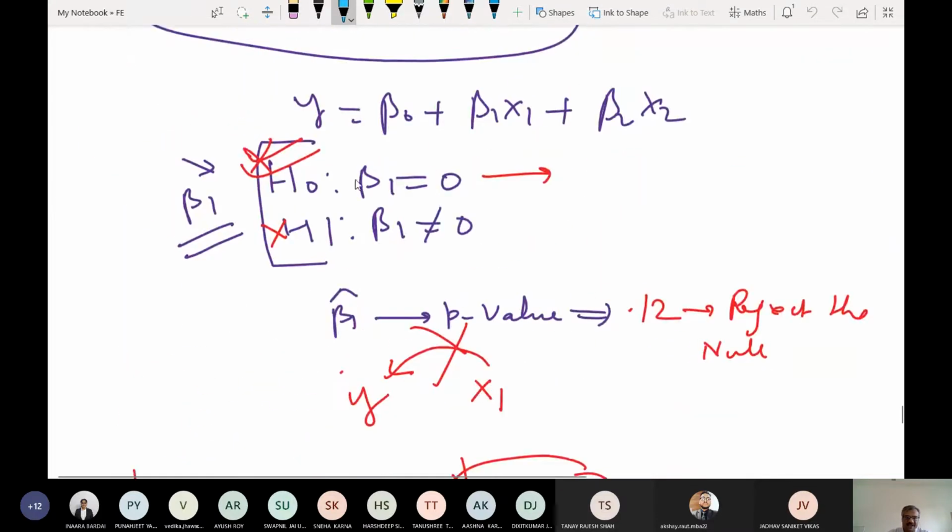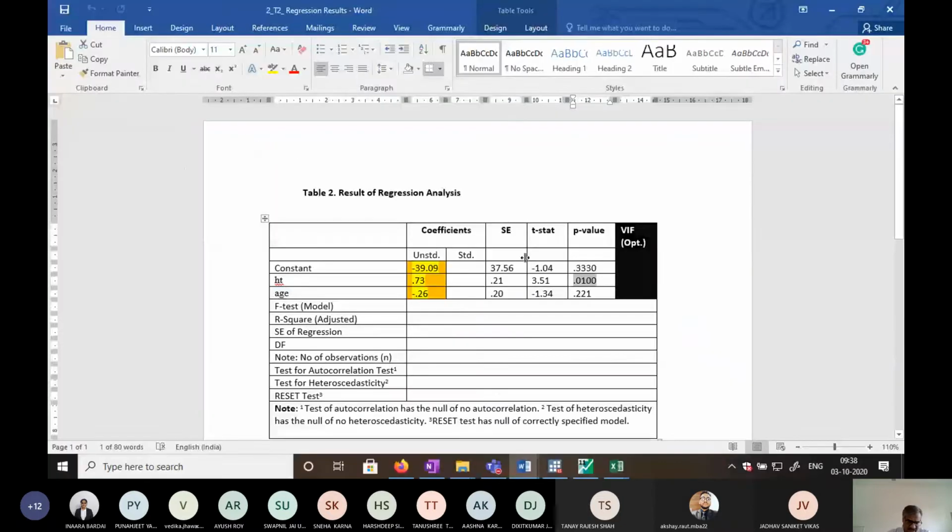When null cannot be rejected, it means we have to consider that the coefficient, although it is mathematically not equal to 0, is statistically 0. So this much discussion we have done.